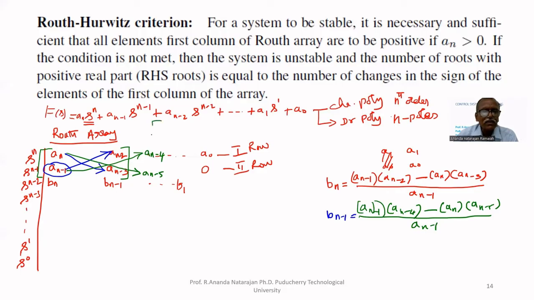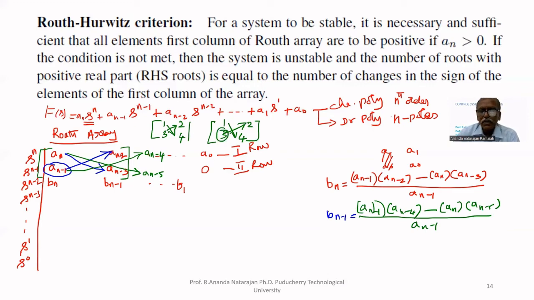How will we find the determinant? Suppose I have a matrix 1, 2, 3, 4. For that, how will we find the determinant? 1 multiplied by 4 minus 3 multiplied by 2. Here we are doing it the opposite way. We are multiplying 3 multiplied by 2 minus 1 multiplied by 4, divided by 3. Just opposite to the determinant.